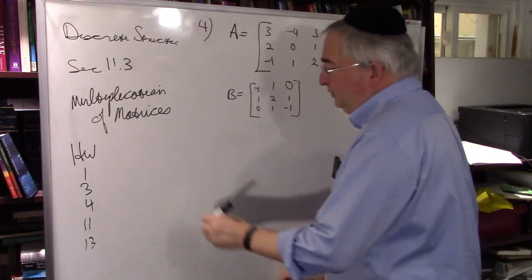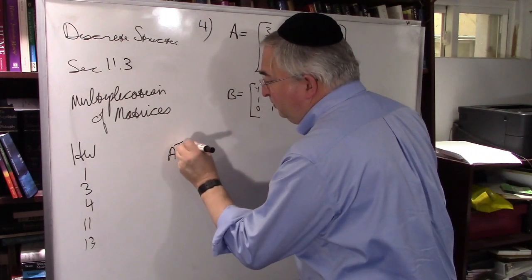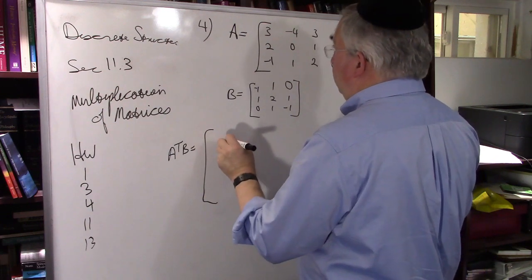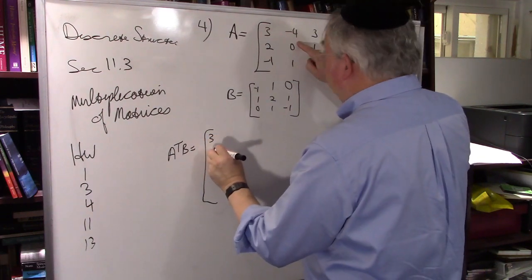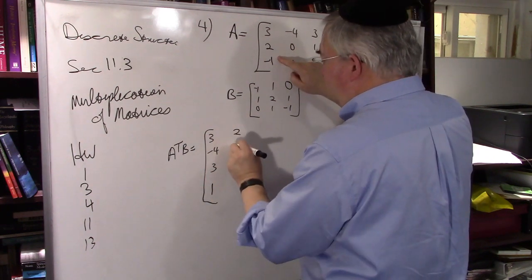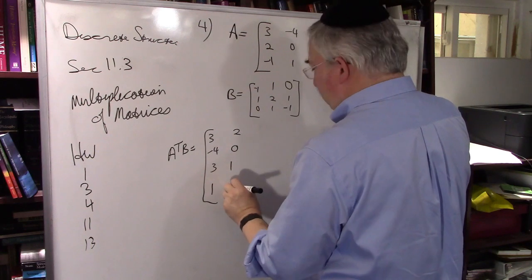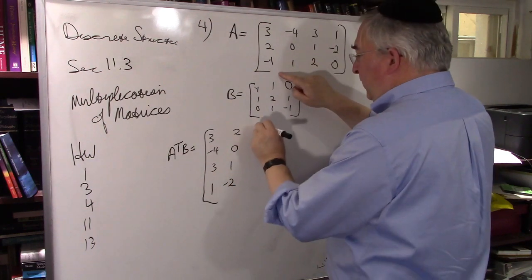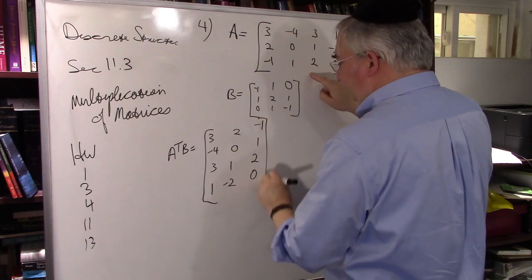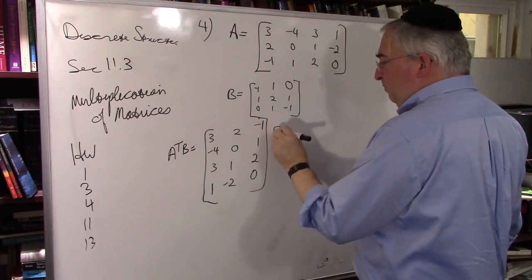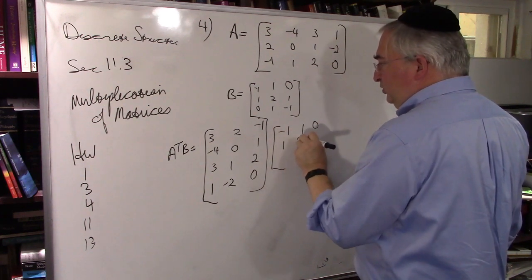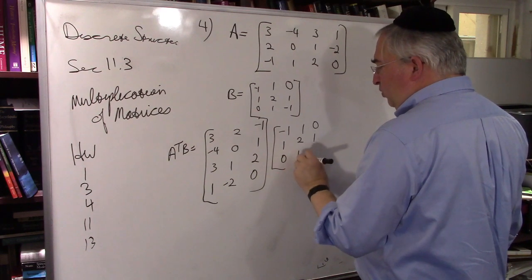So A transpose B is equal to 3, minus 4, 3, 1, 2, 0, 1, minus 2, minus 1, 1, 2, 0, okay, times B. Minus 1, 1, 0, 1, 2, 1, 0, 1, minus 1.